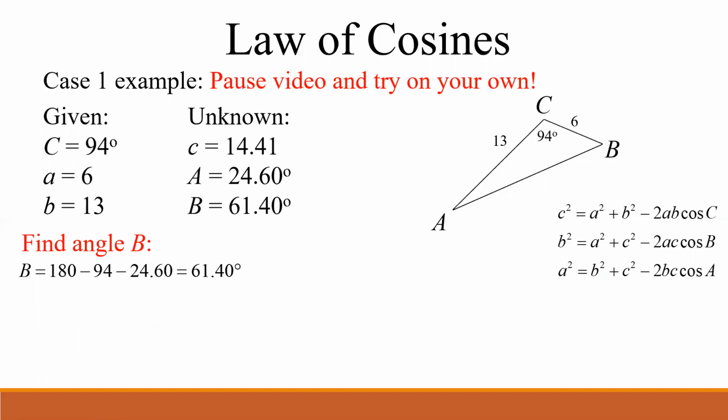Okay, so if you didn't get those numbers, the one thing I would double check is make sure your calculators are in degrees and you're typing it in correctly. But just go back through and double check that process.